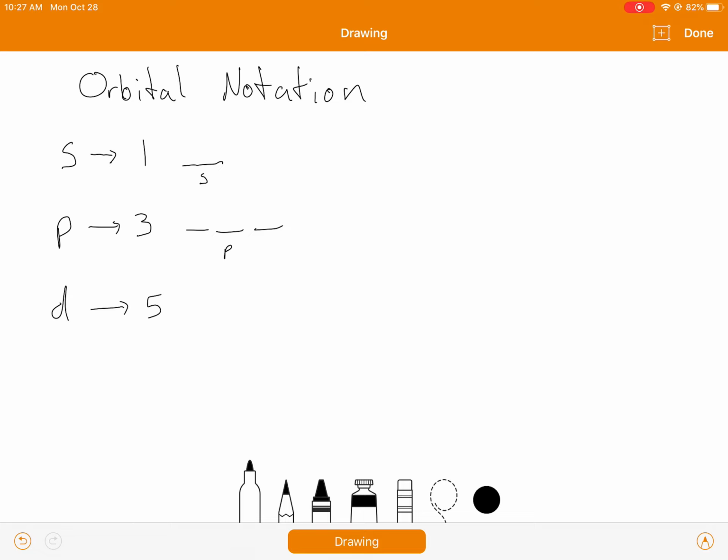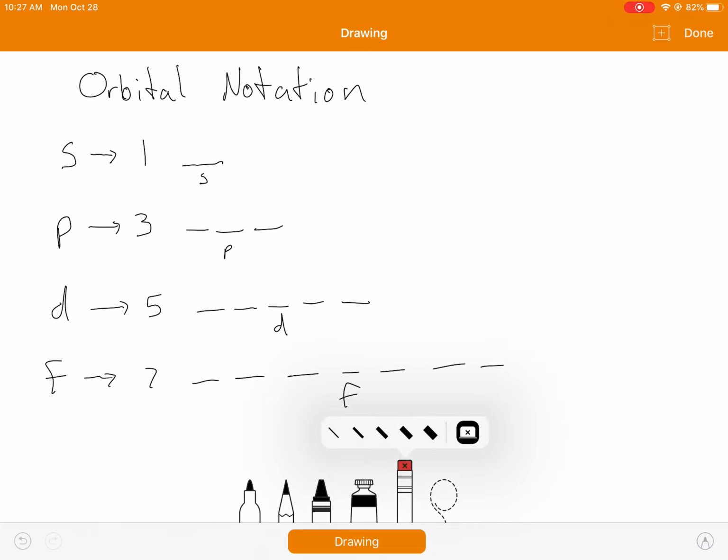D can have 5, so you do 1, 2, 3, 4, 5, and you put the D. Obviously, you'd put the energy level before the letter. And then F would have 7, so you do 1, 2, 3, 4, 5, 6, 7, and you'd put F.